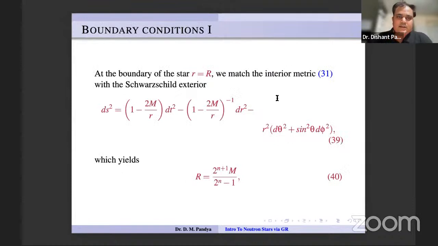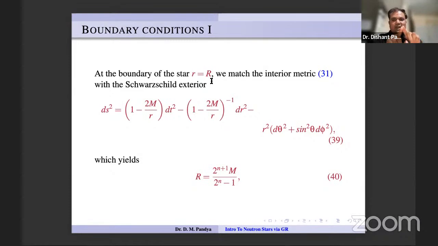Now, what is the boundary condition here? Whatever interior metric we are trying to work with, it should match with the exterior metric smoothly. Smoothly in the sense that at r equal to R, at the boundary, the Schwarzschild interior metric, or whatever new interior metric we have considered, should match.